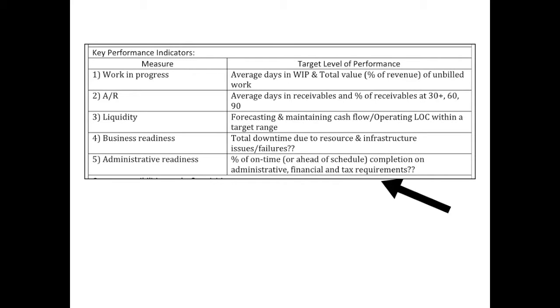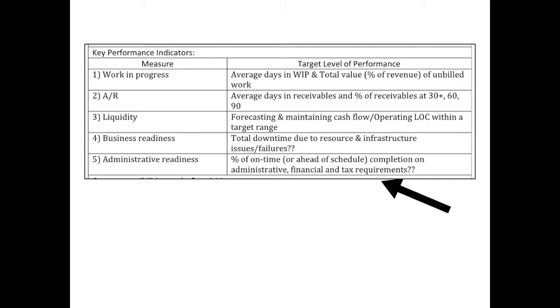And then we've got some specific target levels of performance. And again, you can be more or less specific here. For instance, at the top, we have average days in WIP and total value as a percent of revenue of unbilled work. We hadn't quite nailed down a number, but we would have probably had a quantifiable measure. Average days in receivables and percentage of receivables at 30, 60, and 90 days.